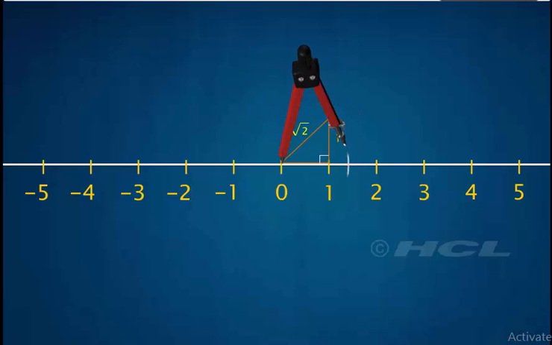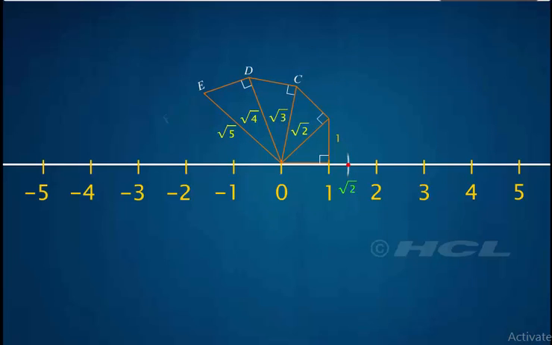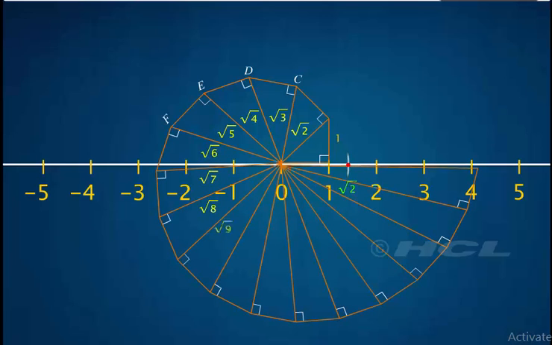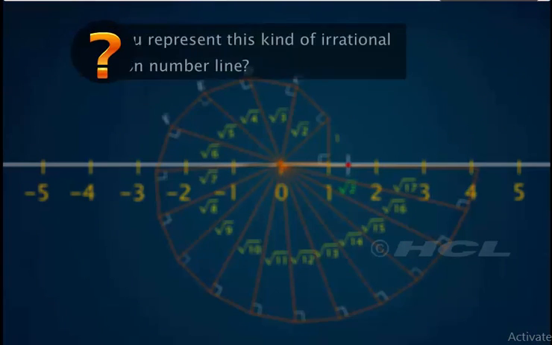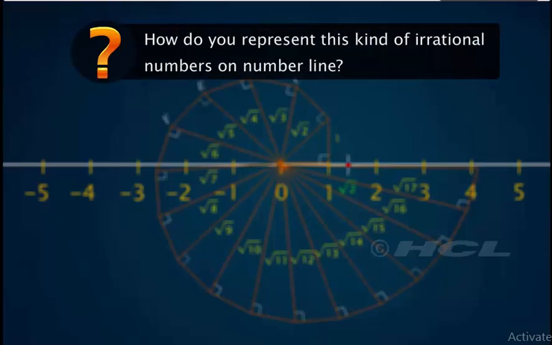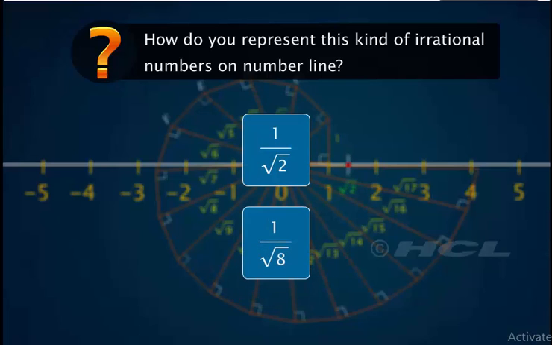We can represent irrational numbers such as square root of 2, square root of 3, and square root of 5, etc. on the number line using Pythagoras' theorem. But how do you represent irrational numbers in which the denominator is irrational, such as 1 over square root of 2 and 1 over square root of 8 on the number line?